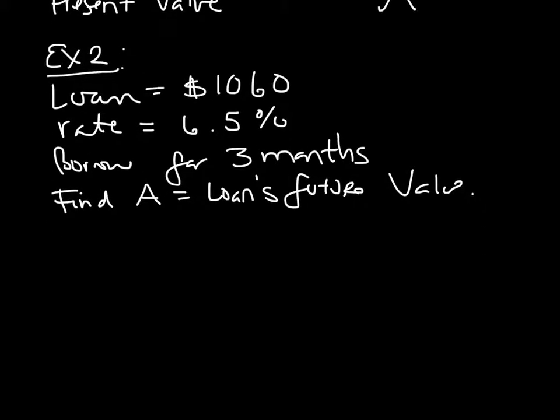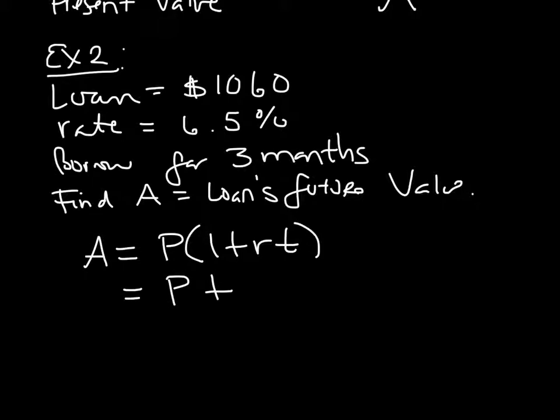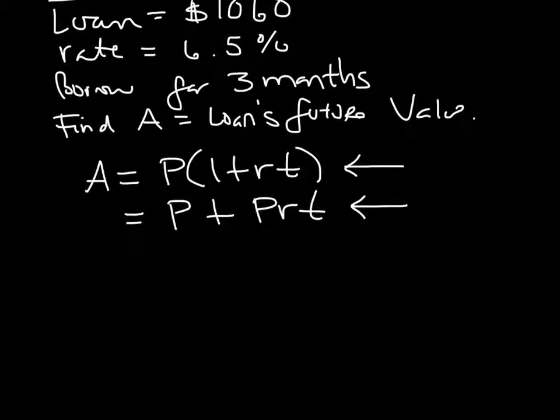Our future value formula is simply A equals P times the quantity 1 plus R times T. Now remember, this is just P plus PRT. So if you want to use this expression, that's fine too. Whichever makes sense to you, it really doesn't matter.